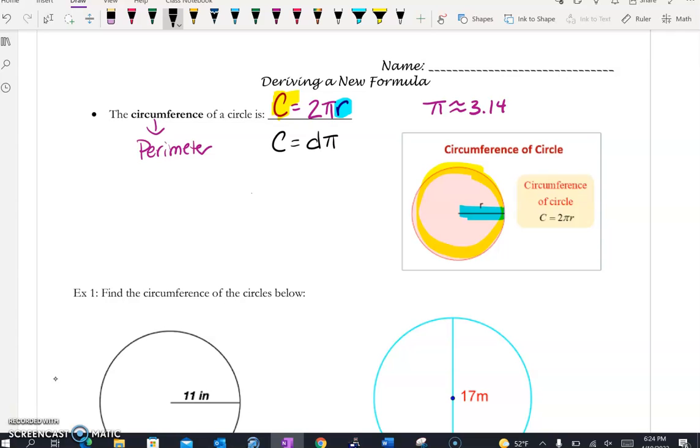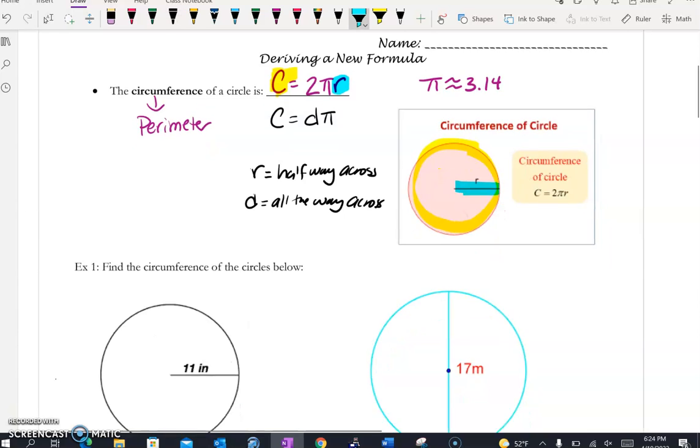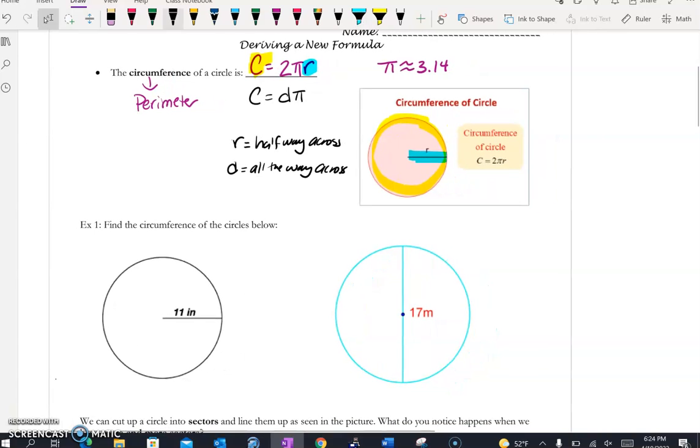Remember, radius, I'm going to put a little note, is halfway across the circle. Diameter is all the way across the circle. So 2 radius is the same thing as diameter, right? And we're going to use this, and we're just going to practice a couple of them right below.